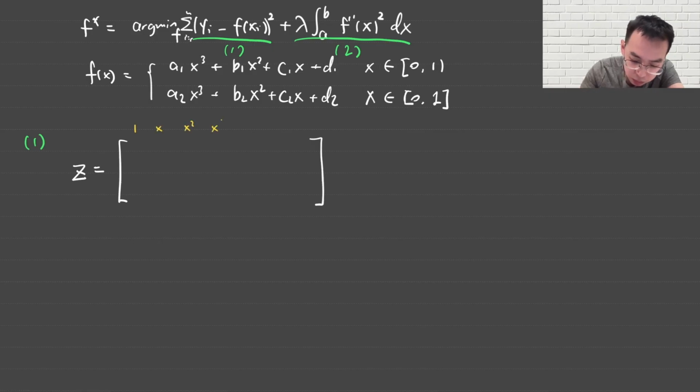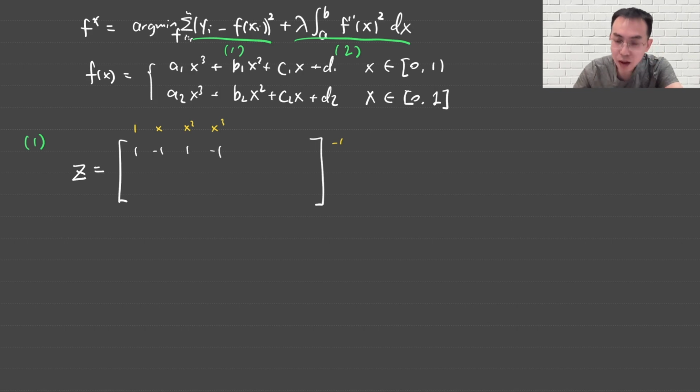Let's fill it in. The first data point is going to be -1, so we put these numbers in as 1, -1, 1, and then -1.